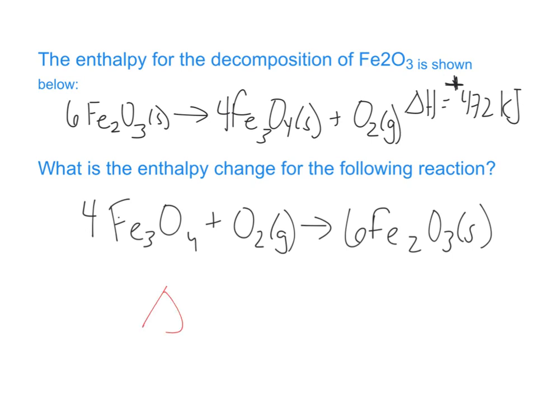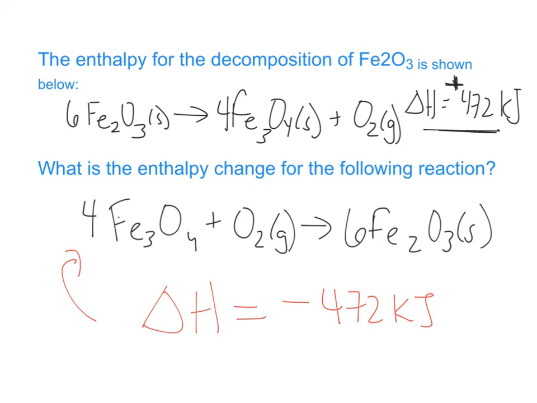So in this case, the heat of reaction would be minus 472 kilojoules. Because in the earlier case, if this is endothermic, you can think of the heat as being a reactant. 472 kilojoules were required, and so if you reverse it, then those 472 kilojoules are going to be released.